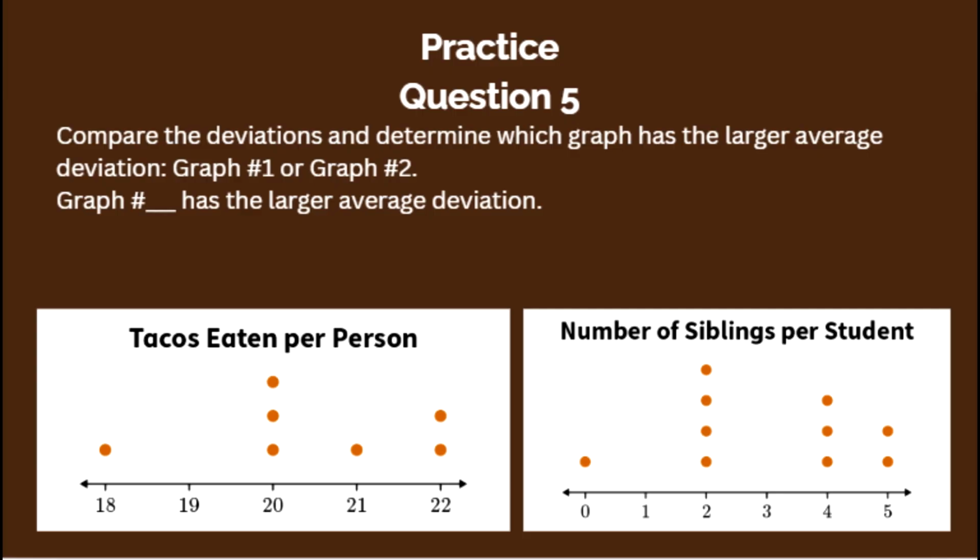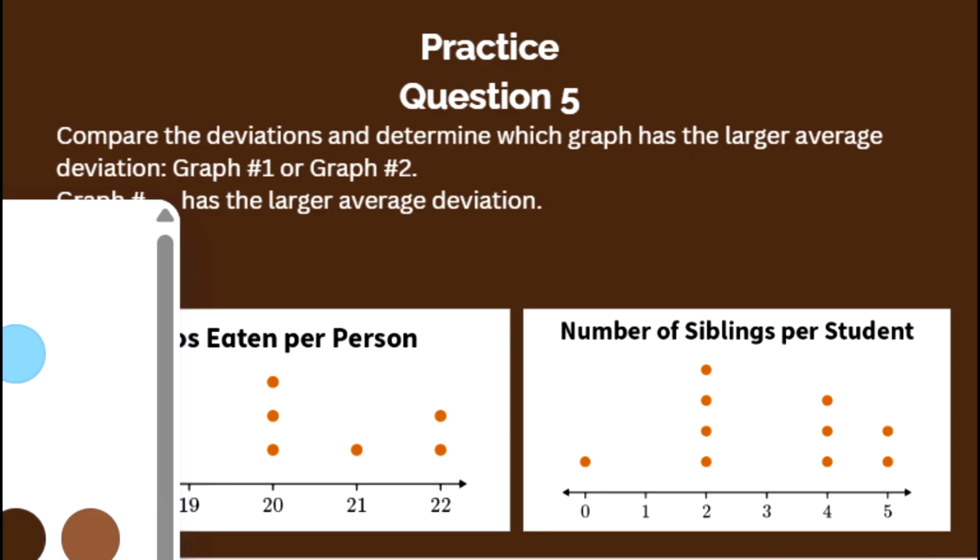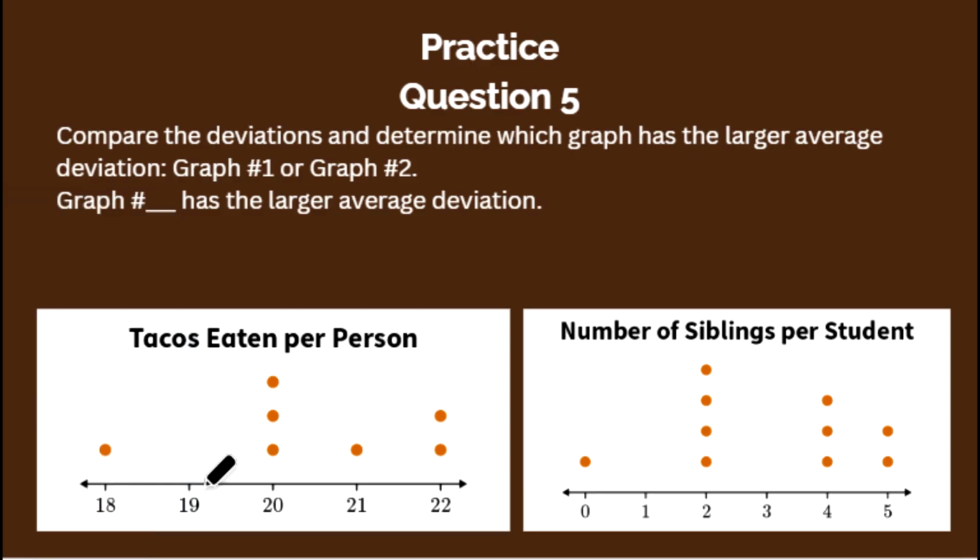Here's practice question number 5. Compare the deviations and determine which graph has the larger average deviation, graph 1 or graph 2. Okay, so in order to figure this out accurately and completely, you have to do the math. You don't want to just guess. So let's find the mean first. 1, 2, 3, 4, 5, 6, 7. So 3.5.